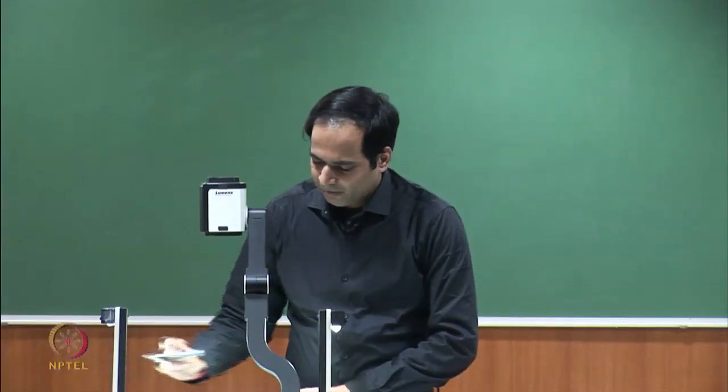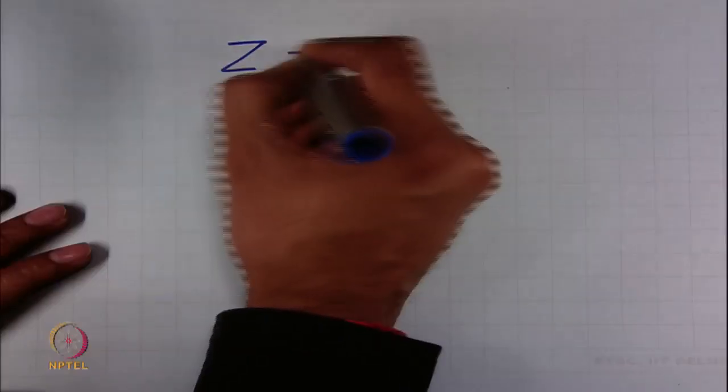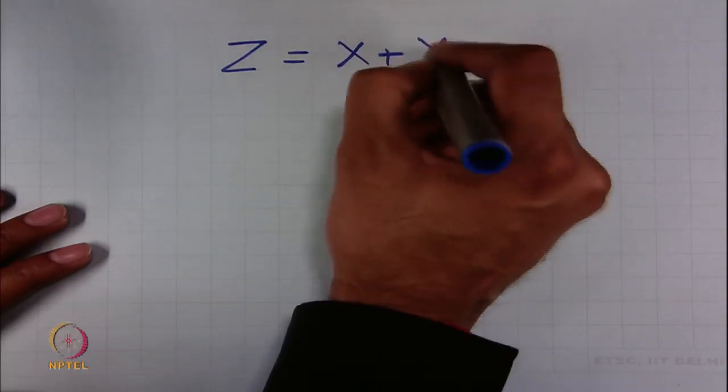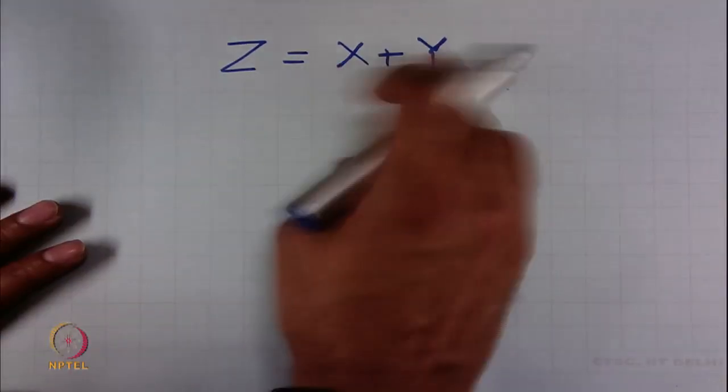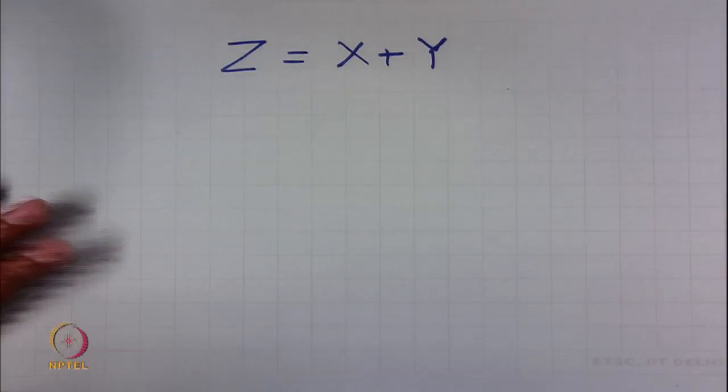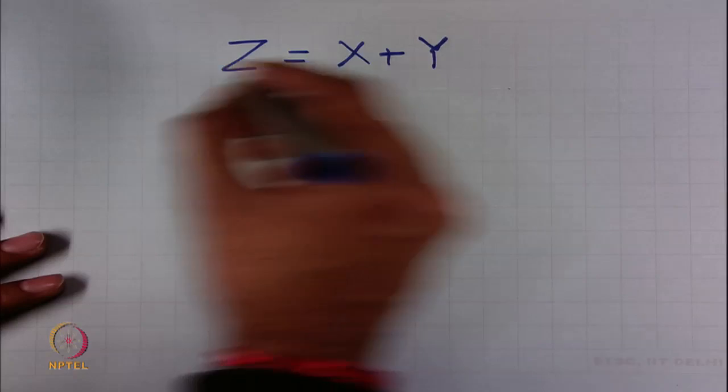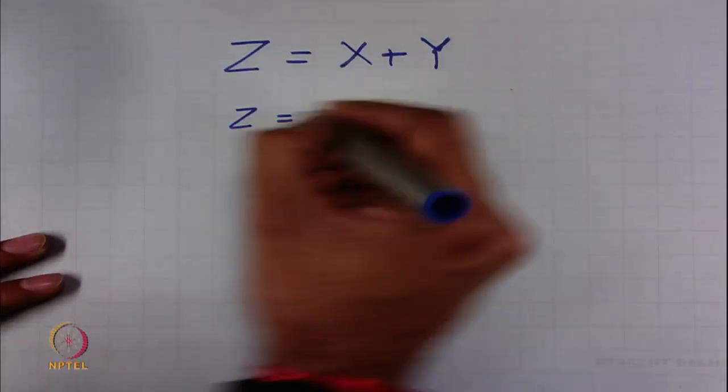So, let us write again the problem that we have to solve. We have to find out the PDF of z in terms of PDF of x and y if x and y are statistically independent random variables. It is also often convenient to think about these random variables in terms of their numerical values.